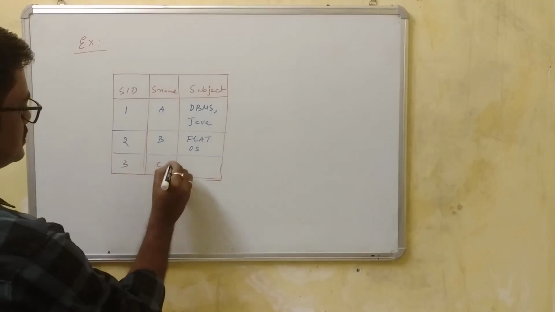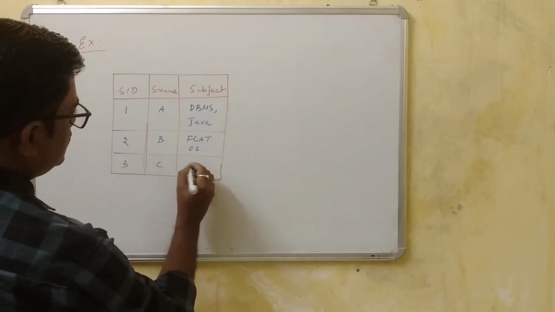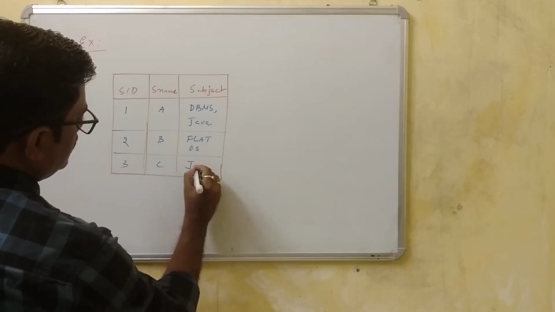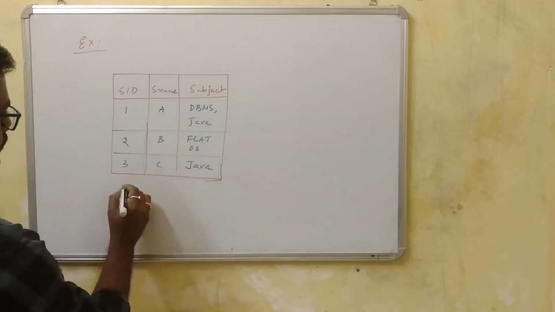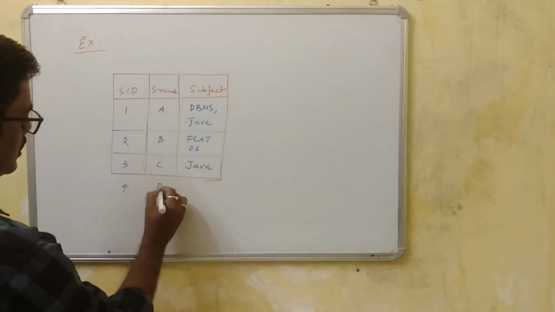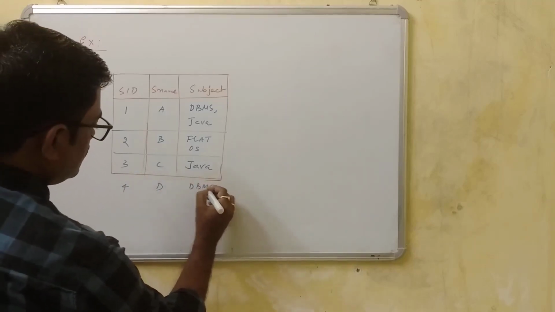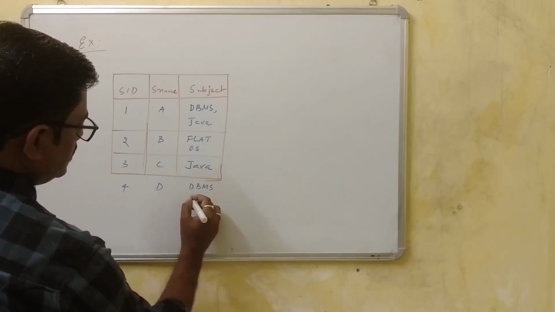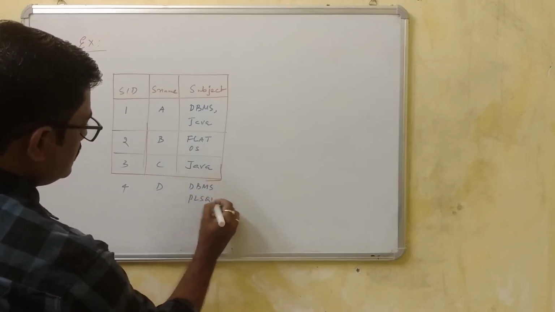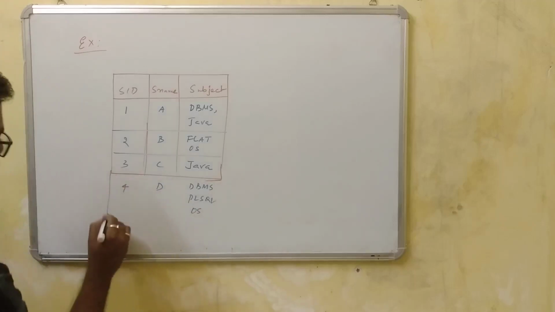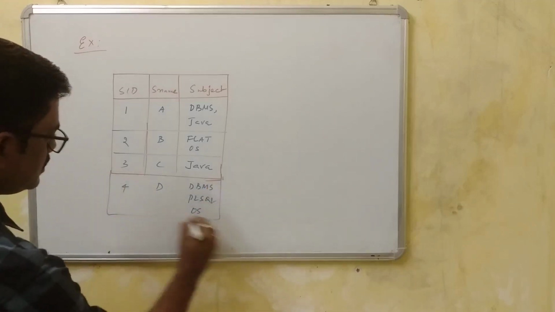Record number 3, C, subjects DBMS and Java. And roll number 4, D, subjects DBMS, PLSQL, and OS. So these are the different types of records.